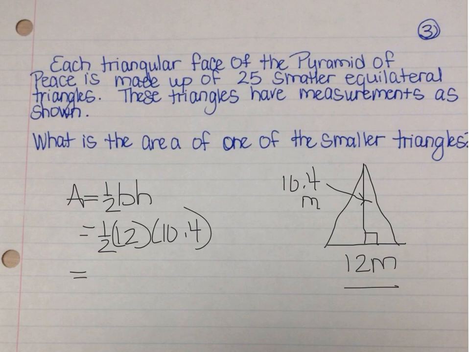So I'm going to go 6, because half of 12 is 6, times 10.4. And when I multiply those out, being careful to keep my decimal, I'm going to get 62.4 meters squared.